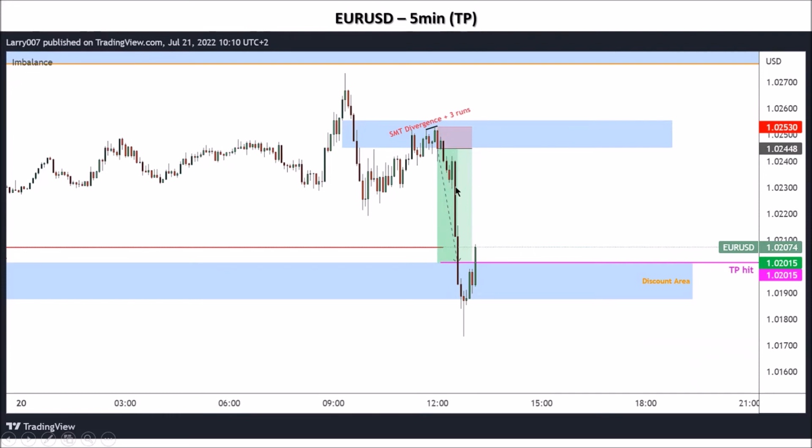So it hits my TP while I was working, and this is a discount area. So after then, you could look for a buy, probably. I don't know. I didn't analyze right after.